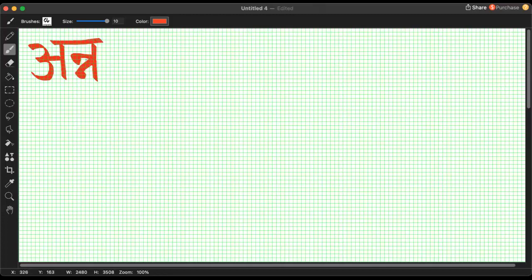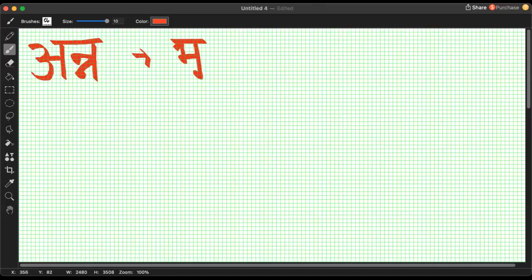You have double na here in the second part. If you're writing this in Sharda, first you'll write a. We all know Sharda alphabets are written independent to each other.